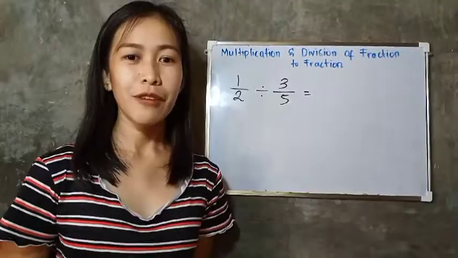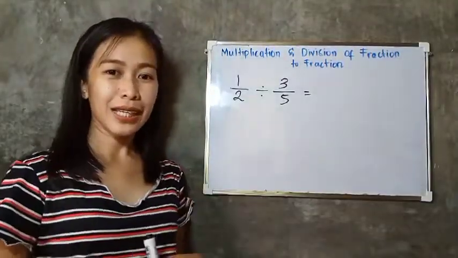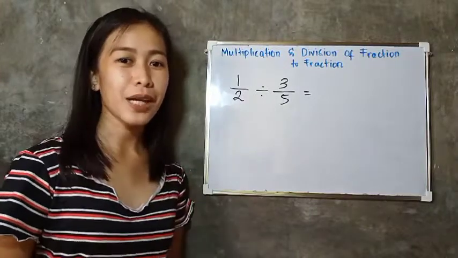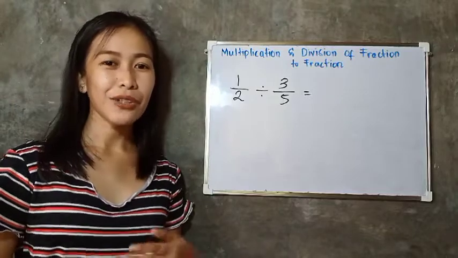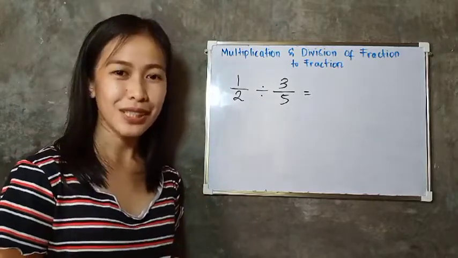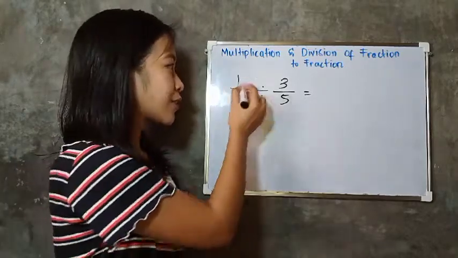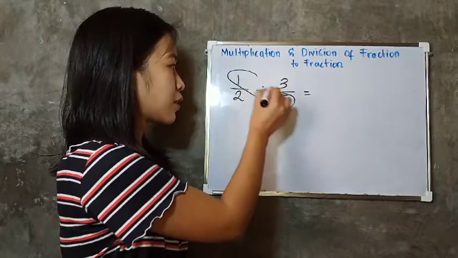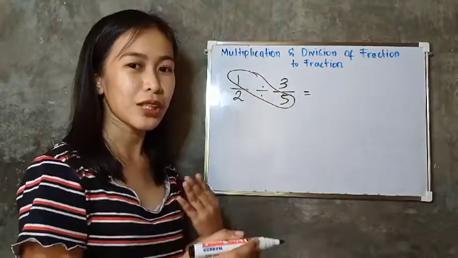Alright? So, for our next example is we have 1/2 divided by 3/5. Okay? So, same process. Pwede nyong gamitin si reciprocal. Pwede din si cross multiplication. Okay? So, dahil alam niyo na nga kung paano gawin si reciprocal, mag-cross multiplication na lang tayo, no? So, we have 1 times 5. Remember, kapag ganyan yung process, multiplication na, no?